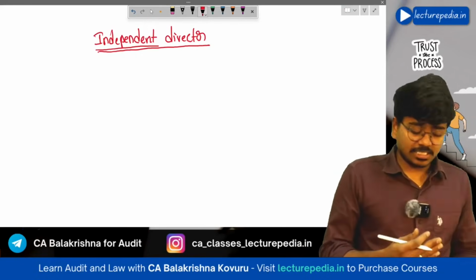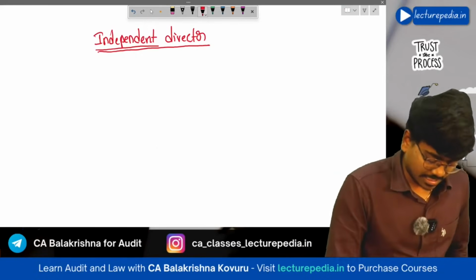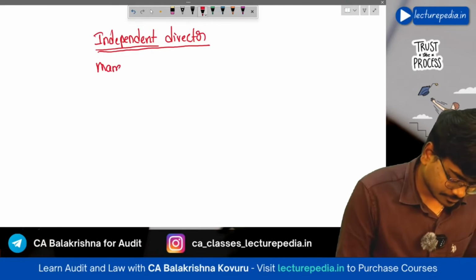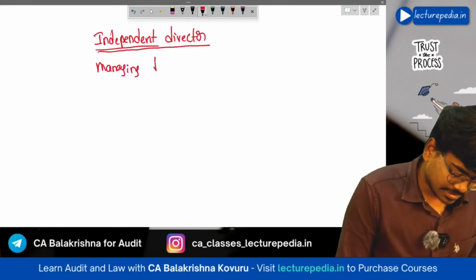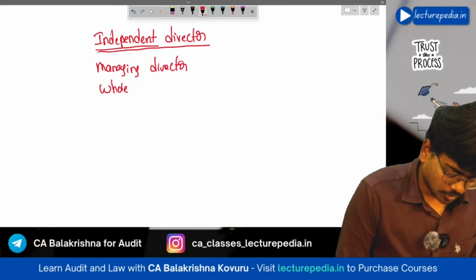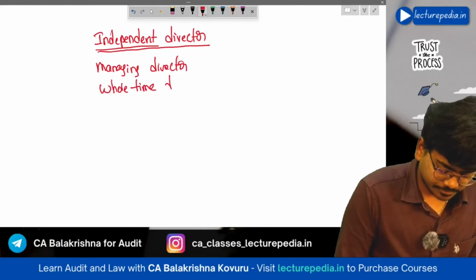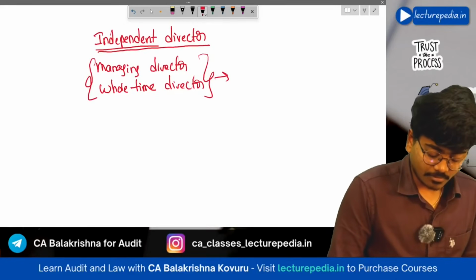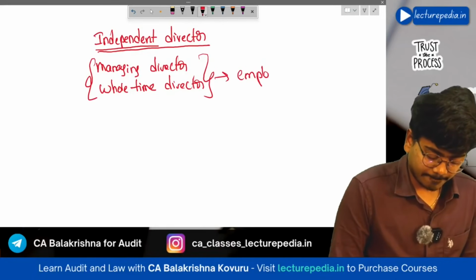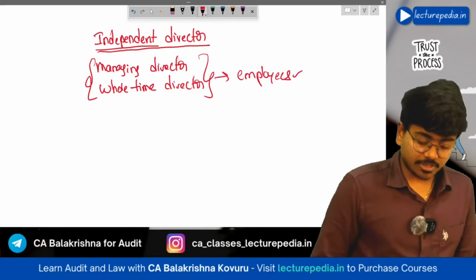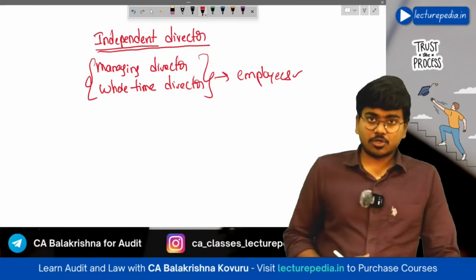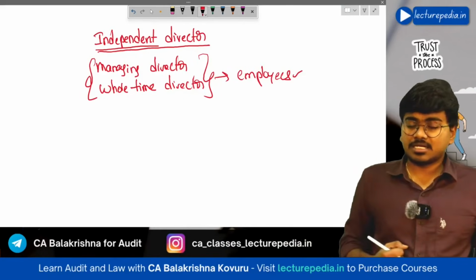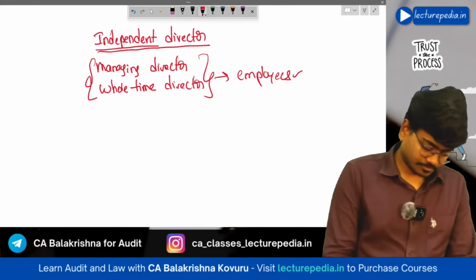Basically the company will be having various types of directors, like managing director, whole time director, right? So managing director and whole time director are employees of the company. If they are employees of the company, it means they are dependent on the company. They are having some sort of interest in the company.